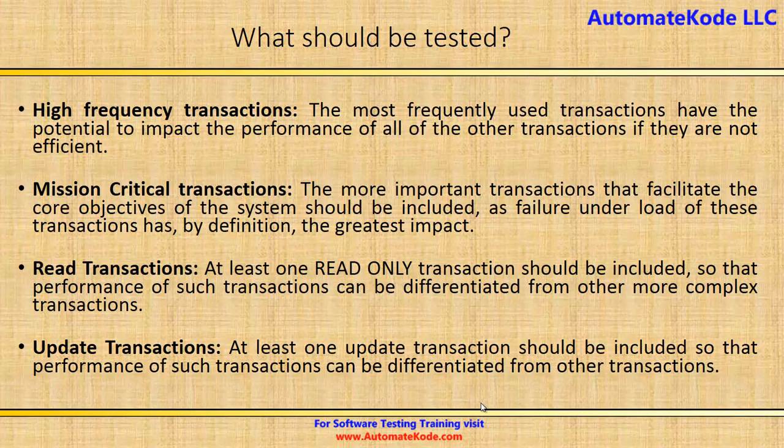Got it? And then mission critical transaction. Now let's consider Amazon. Many people come to Amazon, they look for products, they browse different products, but not many people purchase. But the purchase is a mission critical transaction.